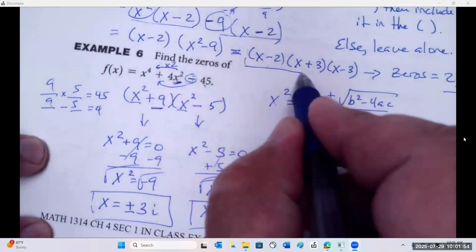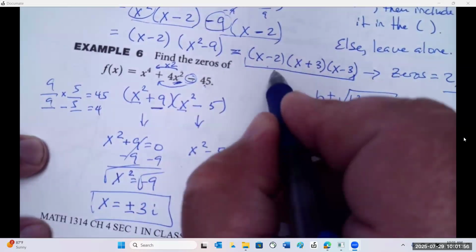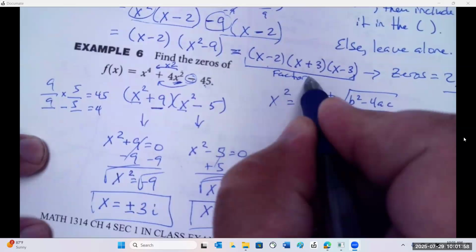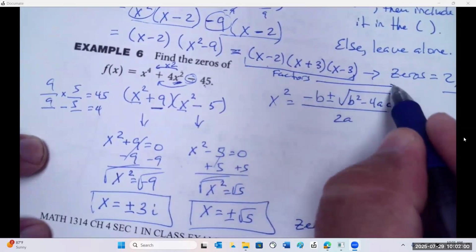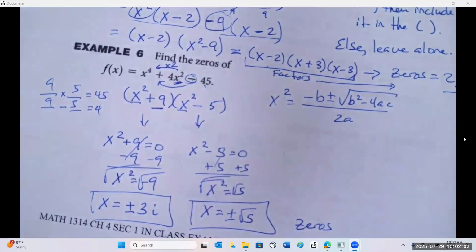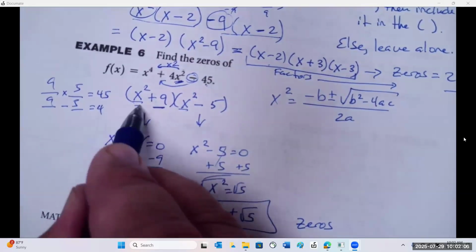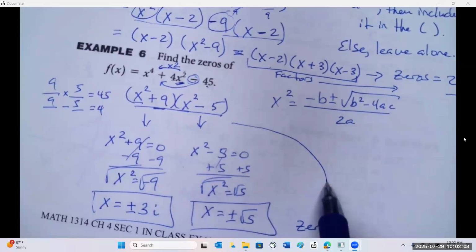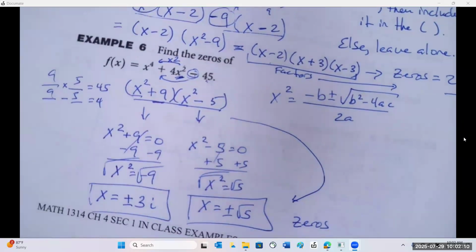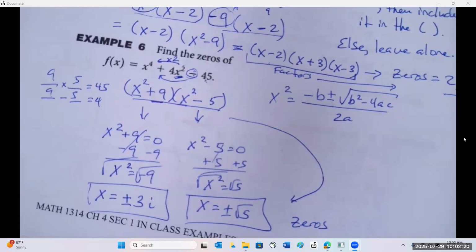These are my factors that lead to my zeros. The zeros are my x-intercepts.